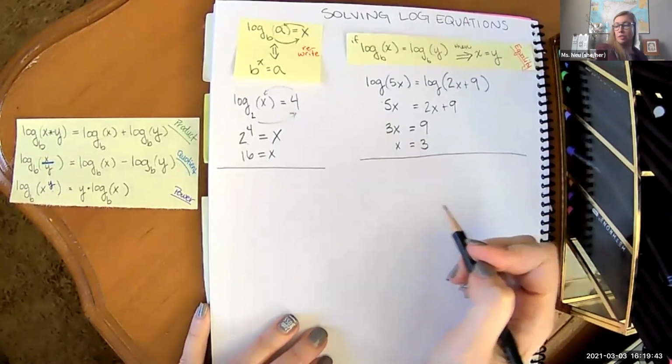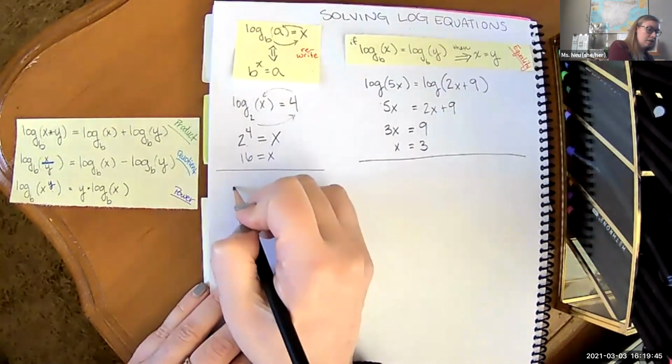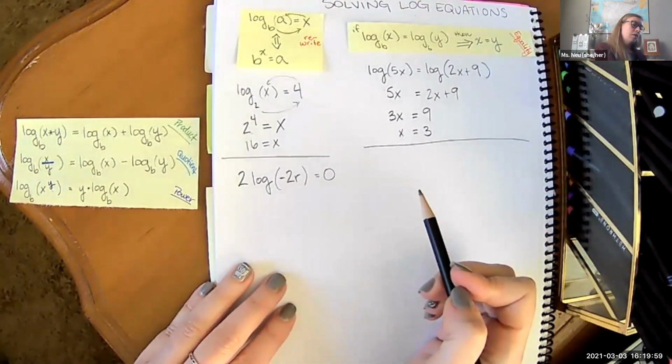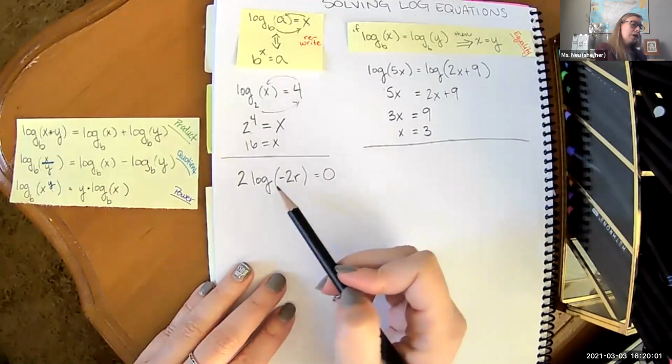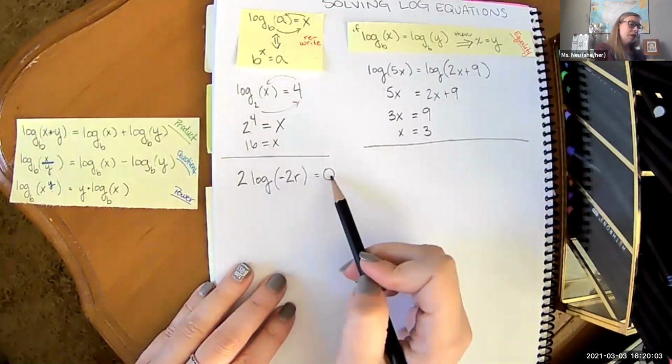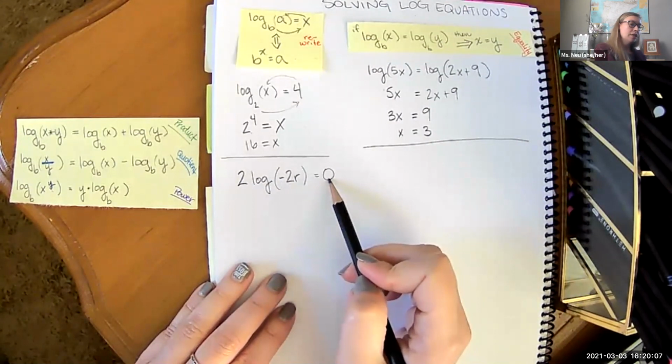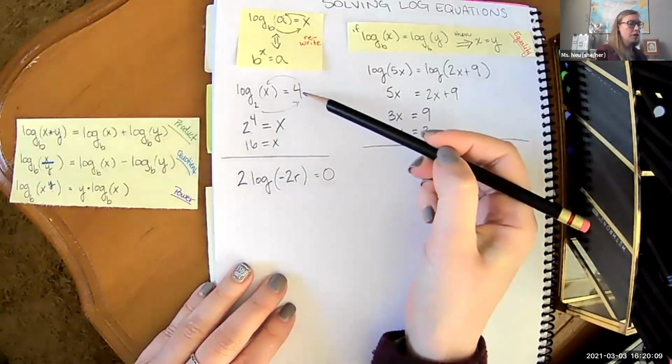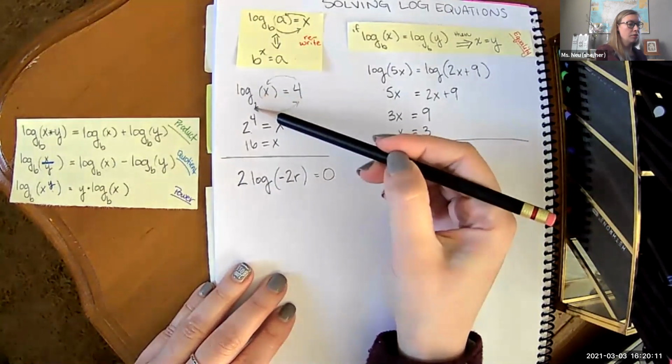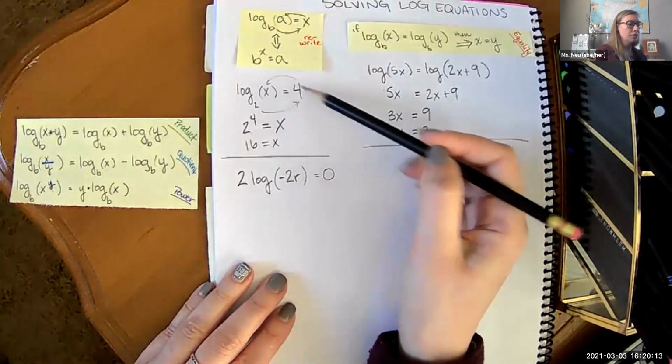How about something like this? Well, I do see that I have log of something equals a number, right? But it's not quite simplified enough, right? So up here, it's just the log with the base and the thing, and I can do the circle of life.